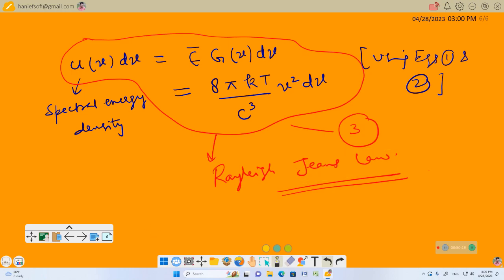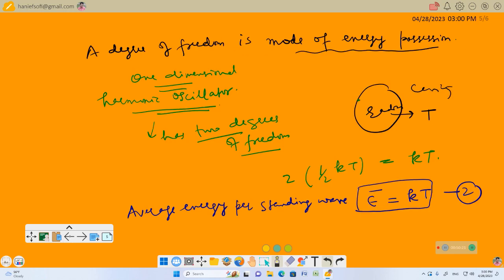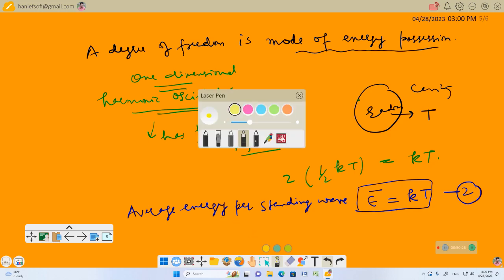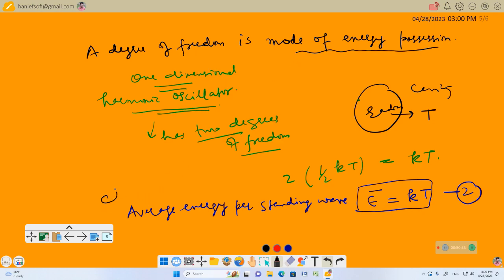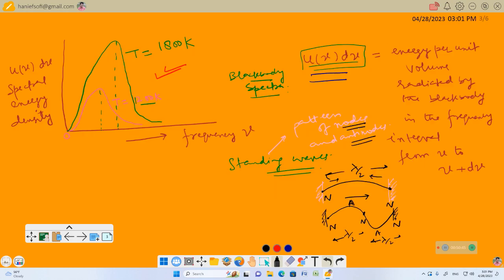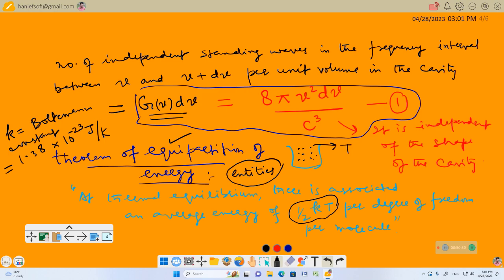Another thing which I must tell you: this average energy per standing wave is always called the classical average energy per standing wave, because the result which we used to obtain this, the theorem of equipartition of energy, is fundamentally an idea of classical physics.